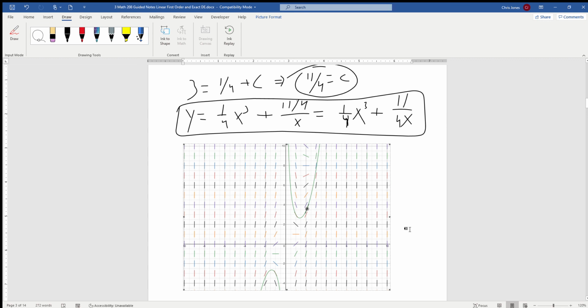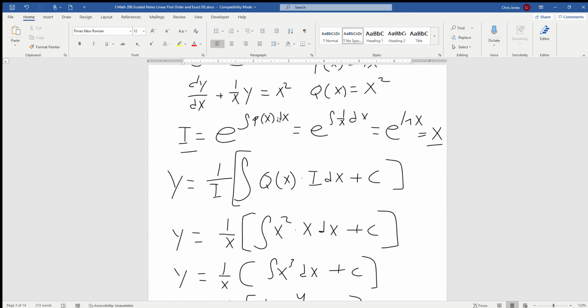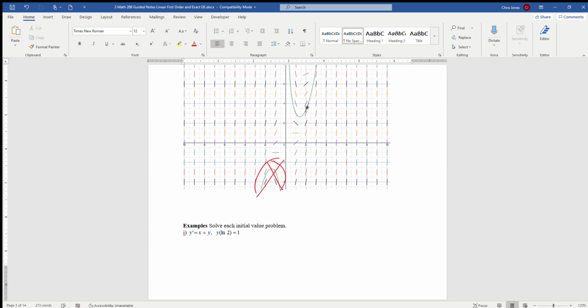What I do have a problem with is looking at the solution and noticing that there's this sort of auxiliary solution going on here. Remember at the top, when we did the integration factor, that technically this should have been absolute value of x, but we didn't care. That was because of the initial value. So this extraneous solution right here, we don't need it because it's not part of the initial value.